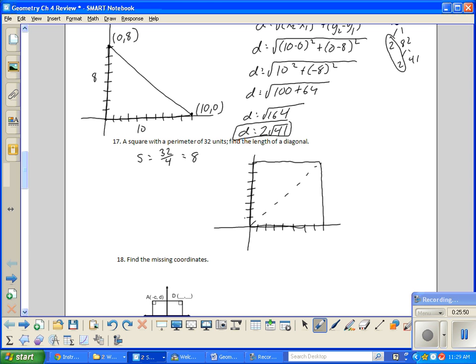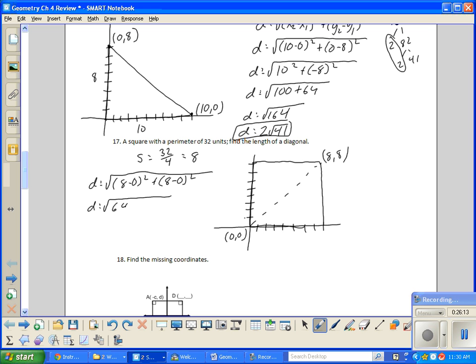So we can use coordinates of that corner up there, which would be 8, 8. And the coordinates down here, which is 0, 0. So we're using the distance formula again. It's going to be 8 minus 0 squared plus 8 minus 0 squared.